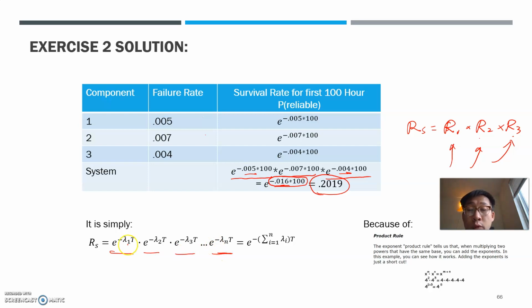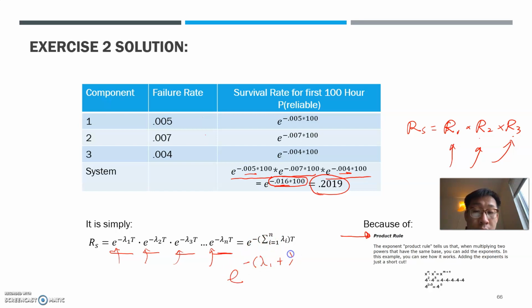Okay, you multiply all these survival functions one by one, and because of the product rule, which you may have learned in high school, when all of them are being multiplied using the same base, in our case e, the exponential constant, we can add all of the exponents.